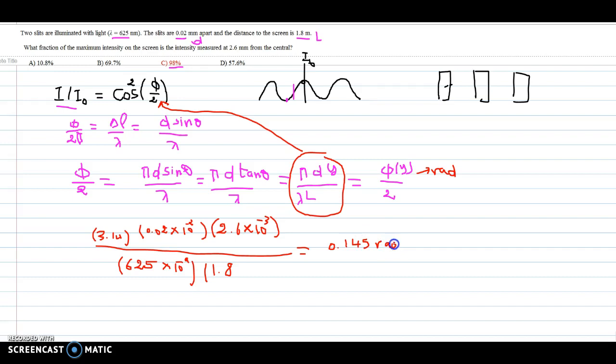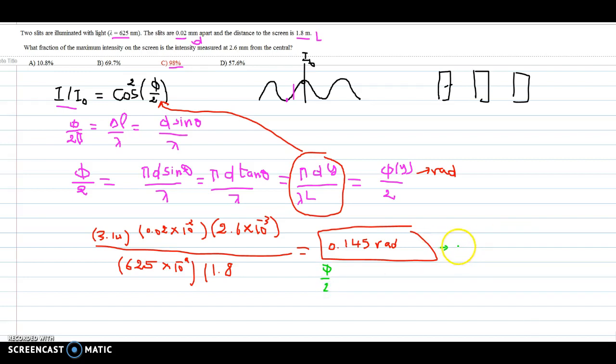Now at this point you are welcome to put this number here, but you have to change the mode of your calculator, or we can change it into degrees, which is not difficult. So in degrees, remember this is phi over 2, not phi.